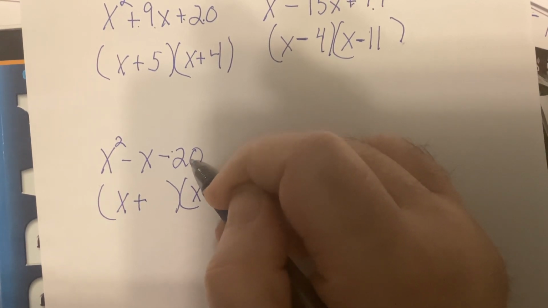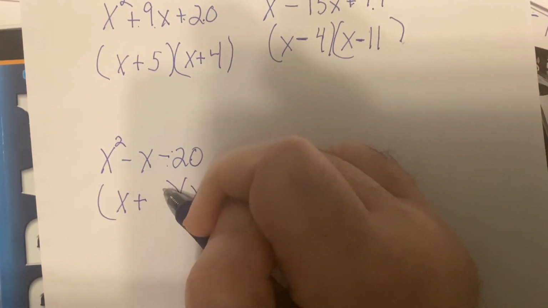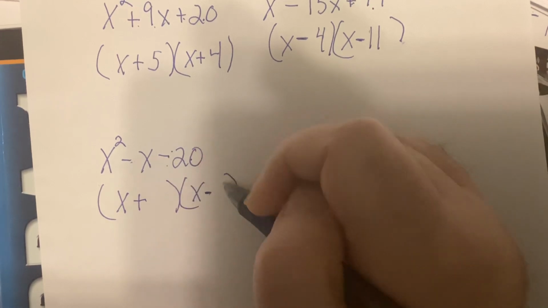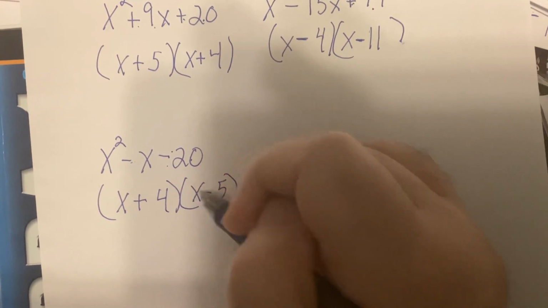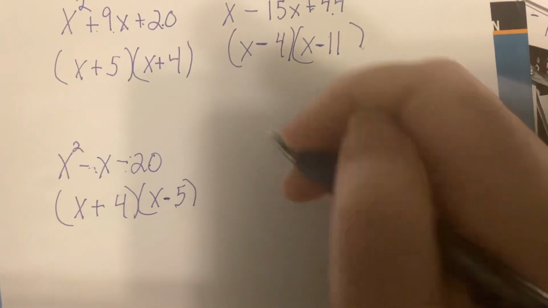What do you multiply to get 20, but you subtract to get 1? That would be 5 and 4. Largest one goes with the middle sign. That is so when you FOIL 4x minus 5x, you get minus 1x.